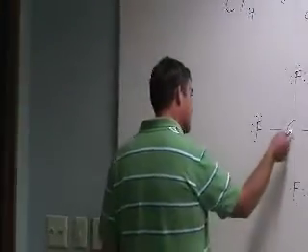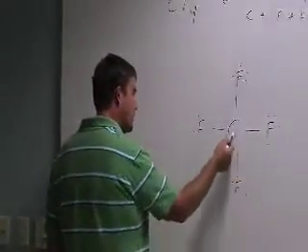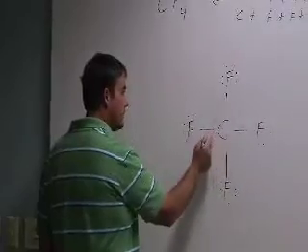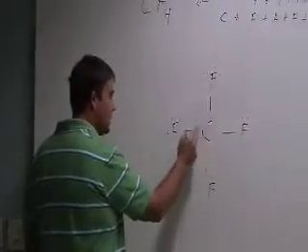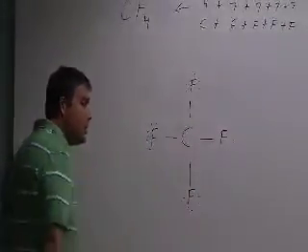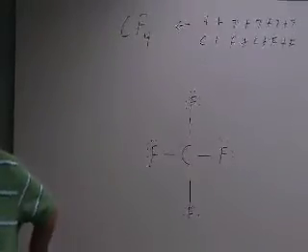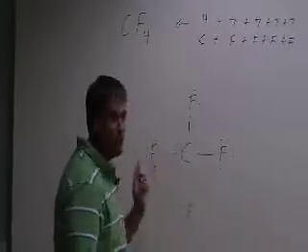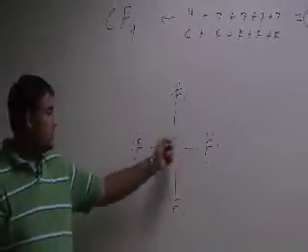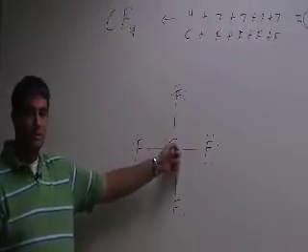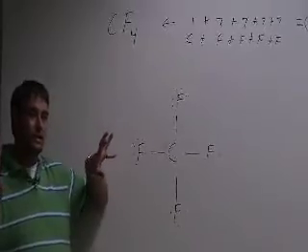The central atom does not necessarily have to have 8 electrons around it. How many electrons does this central atom have around it? 2? No, the central atom. 4? No. 8. 2, 4, 6, 8. Remember, every time you see a line, that's how many electrons? 2. One from the fluorine and one from the carbon. So around that carbon, how many electrons does it think it's got around it? 8.